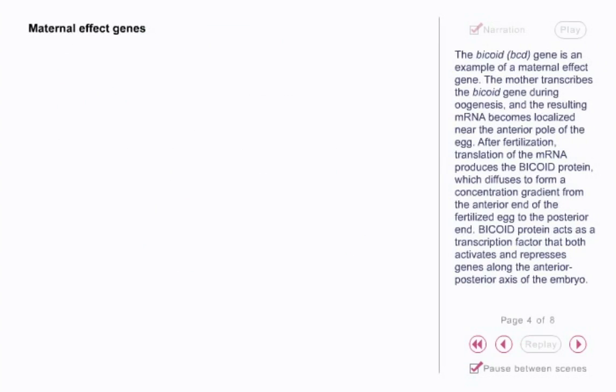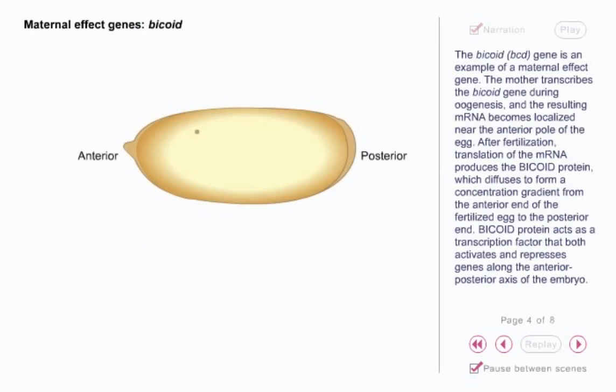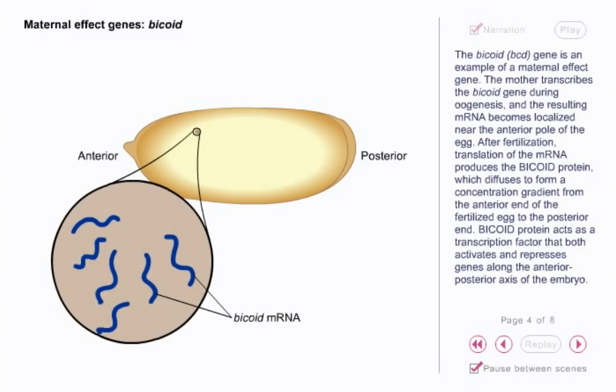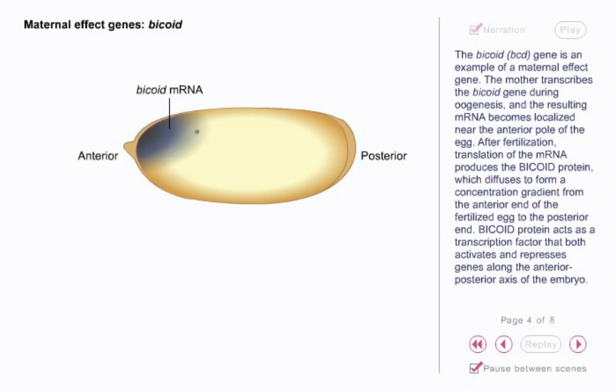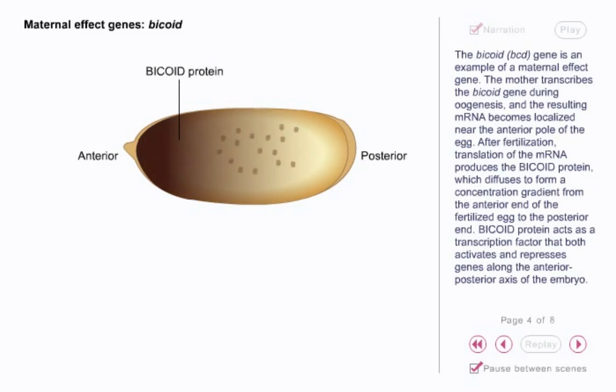The bicoid (BCD) gene is an example of a maternal effect gene. The mother transcribes the bicoid gene during oogenesis, and the resulting mRNA becomes localized near the anterior pole of the egg. After fertilization, translation of the mRNA produces the bicoid protein, which diffuses to form a concentration gradient from the anterior end of the fertilized egg to the posterior end.